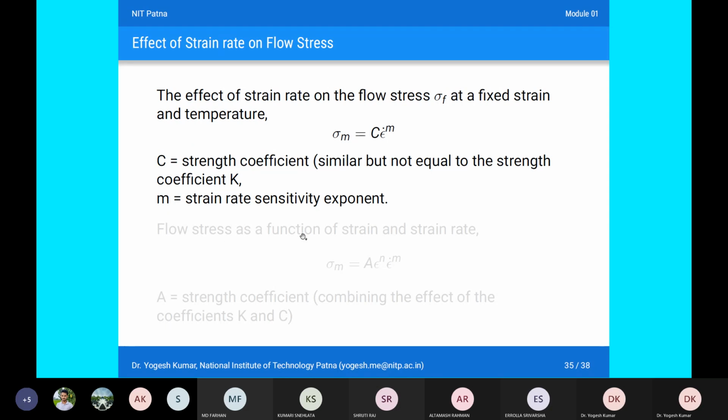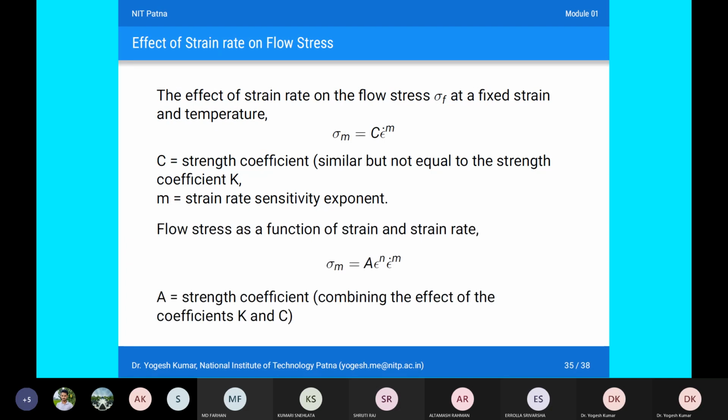You can also express flow stress as a function of strain and strain rate. Again, flow stress may be denoted as sigma f equal to A multiplied by epsilon raised to the power n, and epsilon dot raised to the power m.